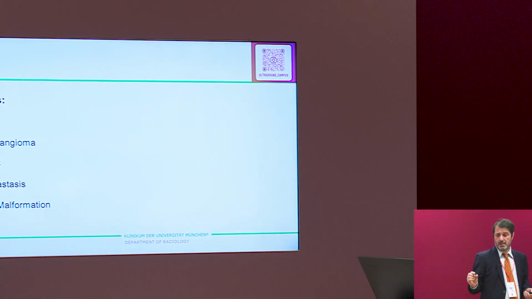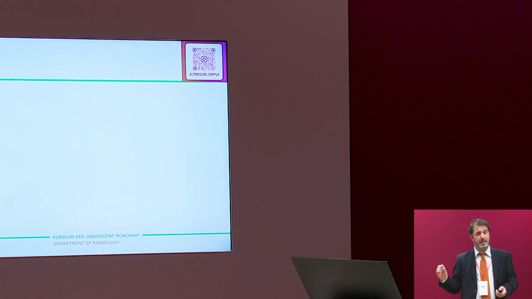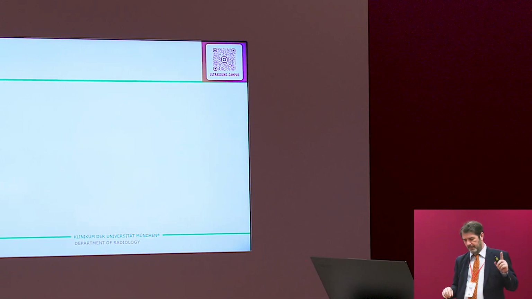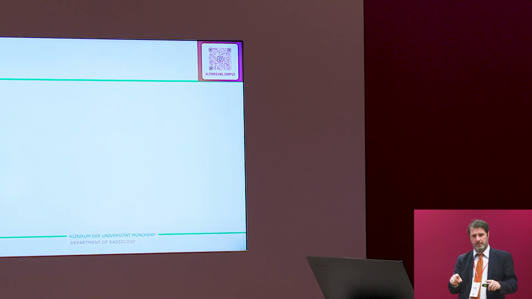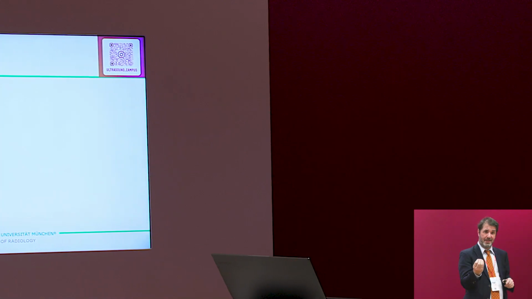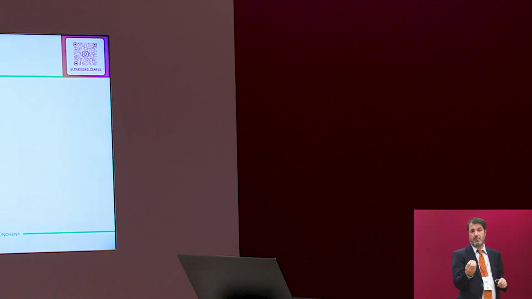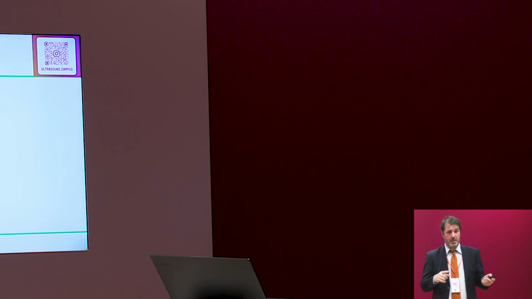This patient has a small AV shunt. What's in it? An arteriovenous connection between the artery and the vein. That's the reason why it shows a strong uptake in the MRI, and when there's no contrast anymore, it's dark. So they made the wrong diagnosis.